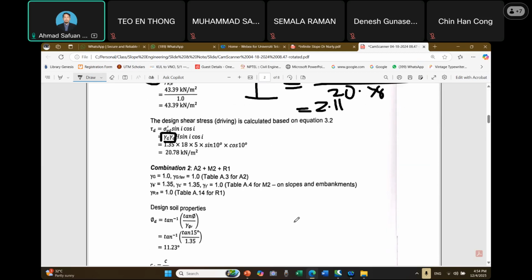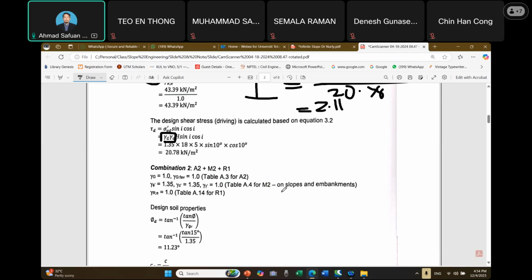That is for the first combination, combination 1. Then I go for combination 2, where we have K2 plus M2 plus R1. Combination 2 looks at the effect of the material, while combination 1 looks at the effect of the actions.